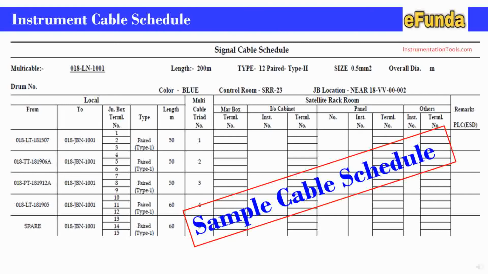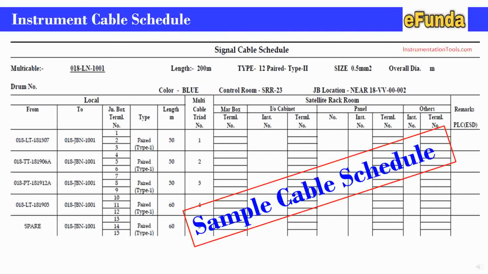So this is how the cable schedule is prepared, where one can get the information from field instrument to junction boxes, from junction boxes to multi-pair cable to the marshalling box and further to the IO cabinet and then to the system cabinet. This is how the cable details from field to the control room is available in a summarized manner. That document is called as instrument cable schedule.